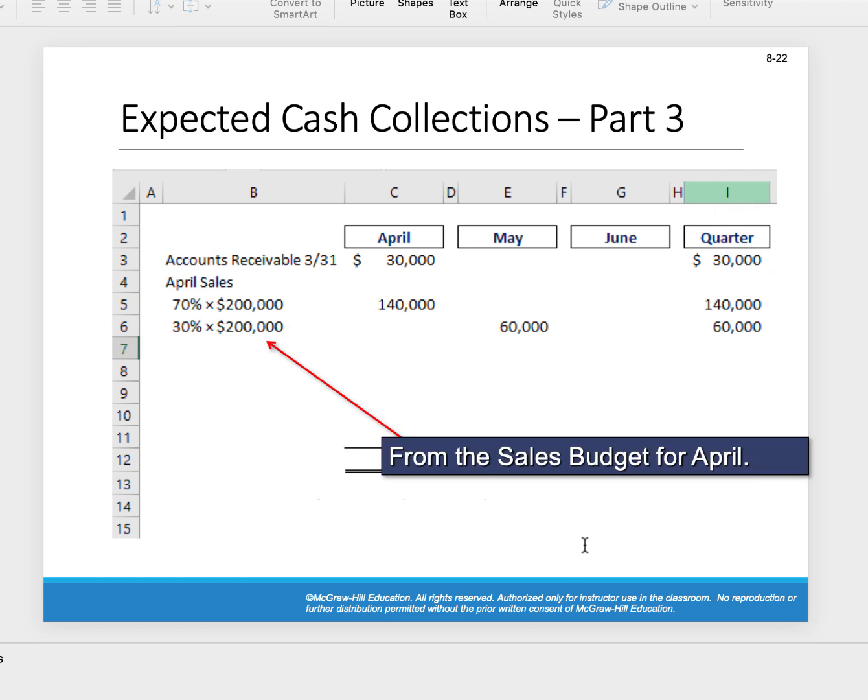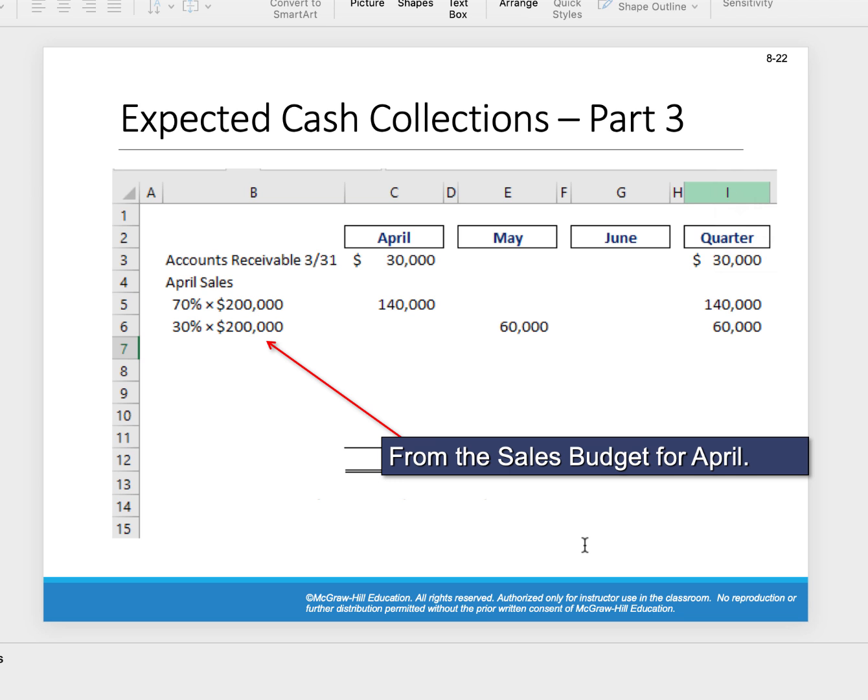So here's how we put all this together. We're going to track how much cash we are receiving from our sales budget, based on the collections pattern they gave us in the book.